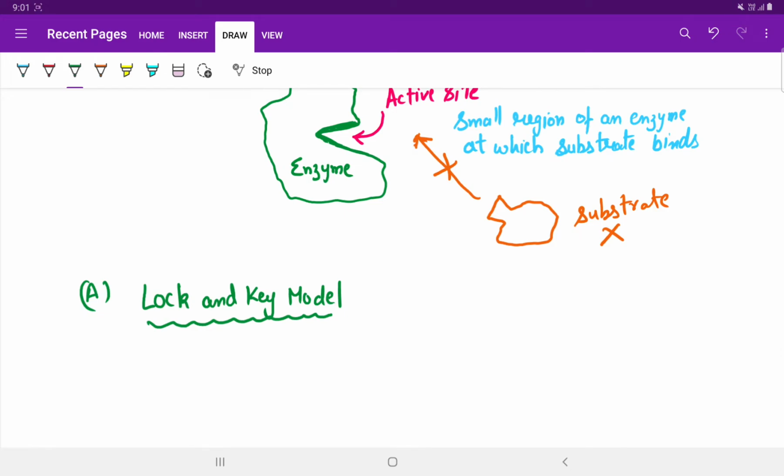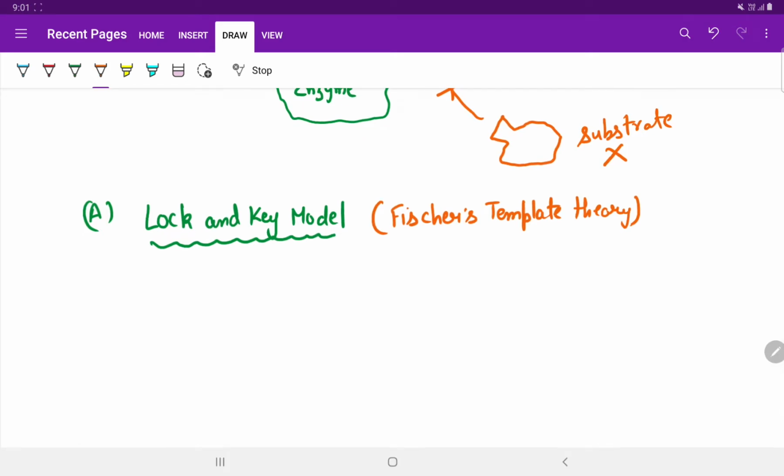This theory was proposed by a German biochemist Emil Fischer and is also known as Fischer template theory or the lock and key hypothesis. So students, remember the other name is Fischer template theory.